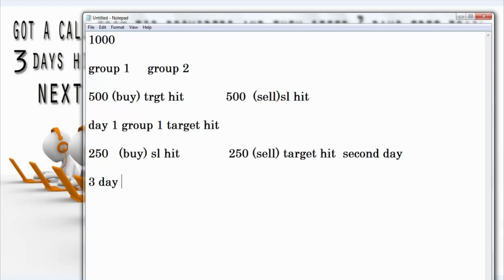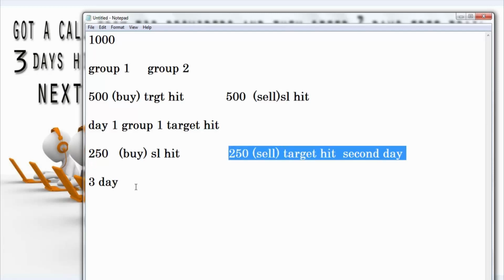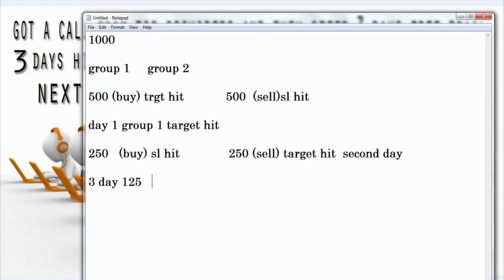So on the third day, they split these 250 people into 125 each, and as usual one group gives buy, and this time the other 125 give sell.